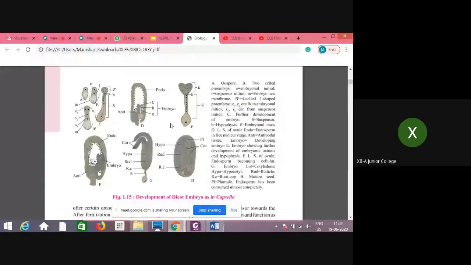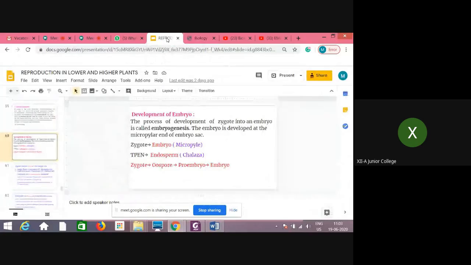So at two places, twice, fertilization takes place in angiosperms and both the male gametes are utilized. This is called double fertilization. As we discussed last time, the result of double fertilization is, first, the zygote and, second, the endosperm.